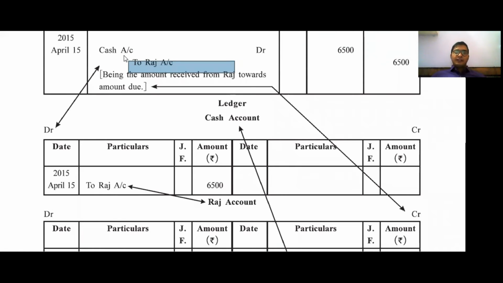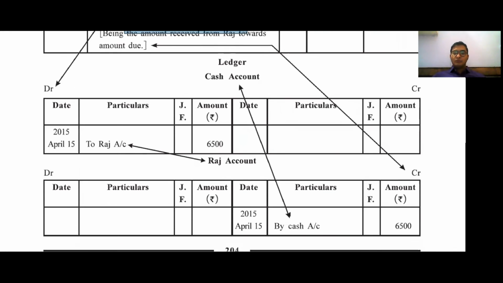If we are posting the amount in Raj, then opposite party becomes cash. So in Raj account, we have to write by cash account. Means in every journal entry, two ledger accounts are affected and two different postings in different accounts.